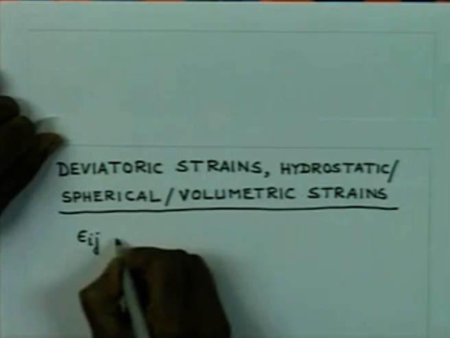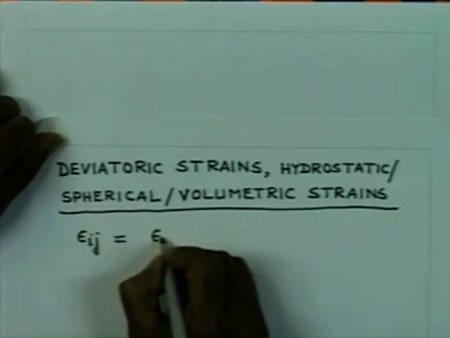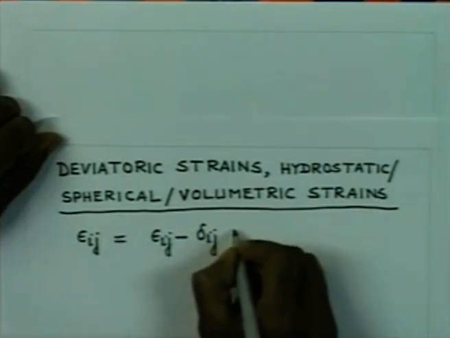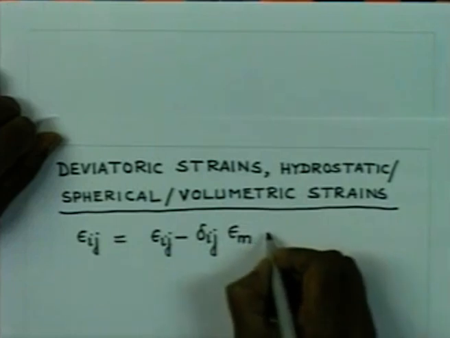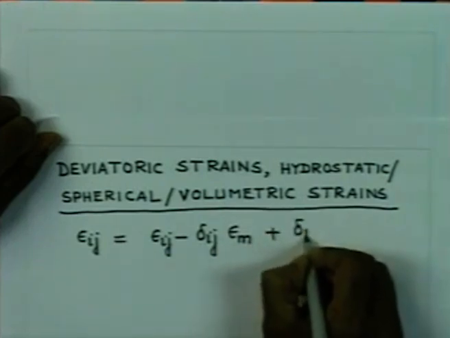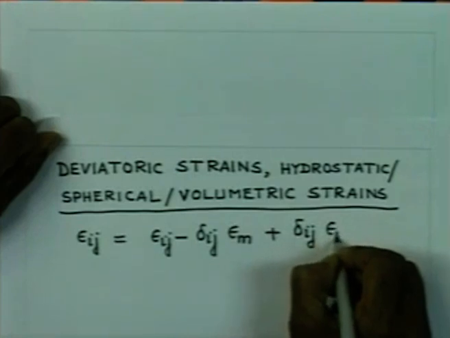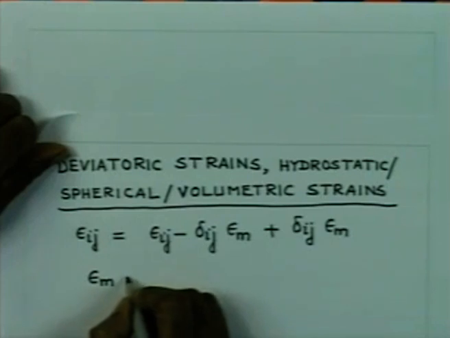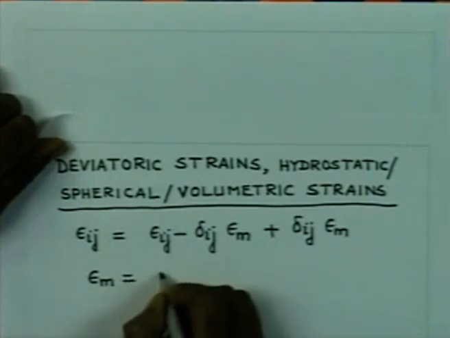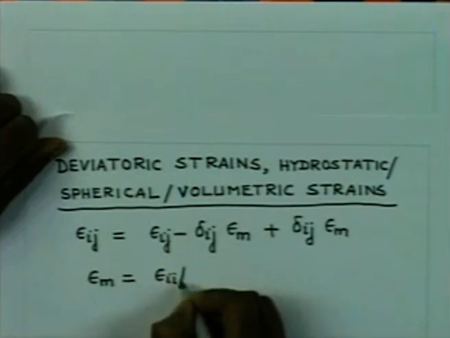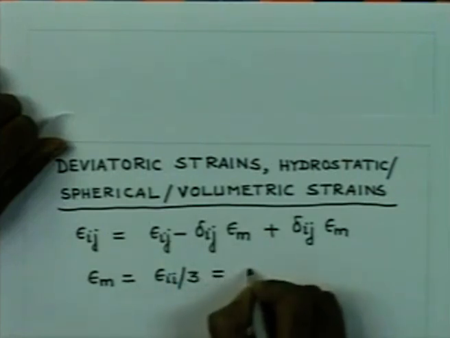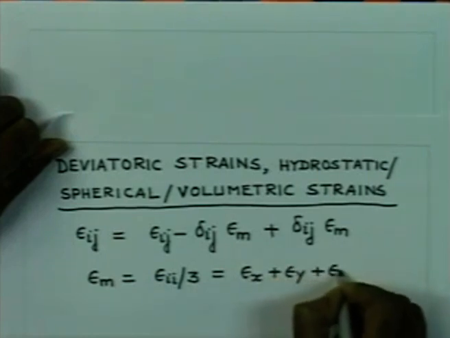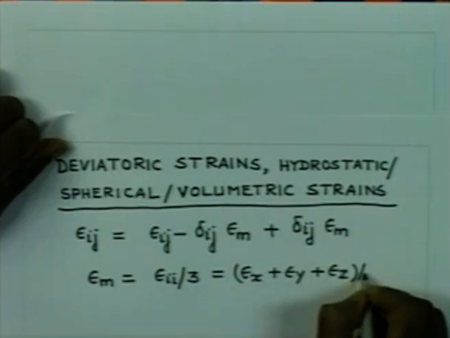Obviously we can have epsilon ij is equal to epsilon ij minus delta ij epsilon m plus delta ij epsilon m. This epsilon m is nothing but the mean normal strain, and this is given by epsilon ii by 3, which is epsilon x plus epsilon y plus epsilon z divided by 3.